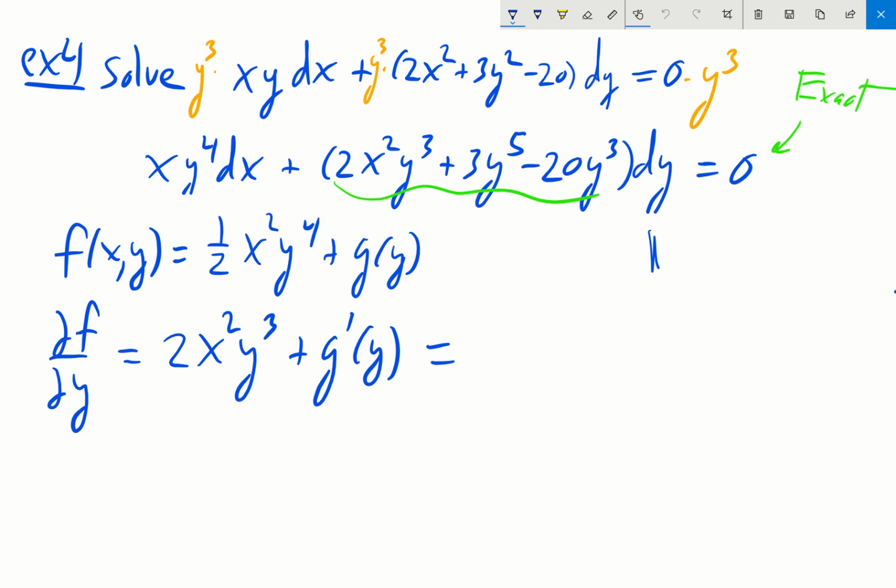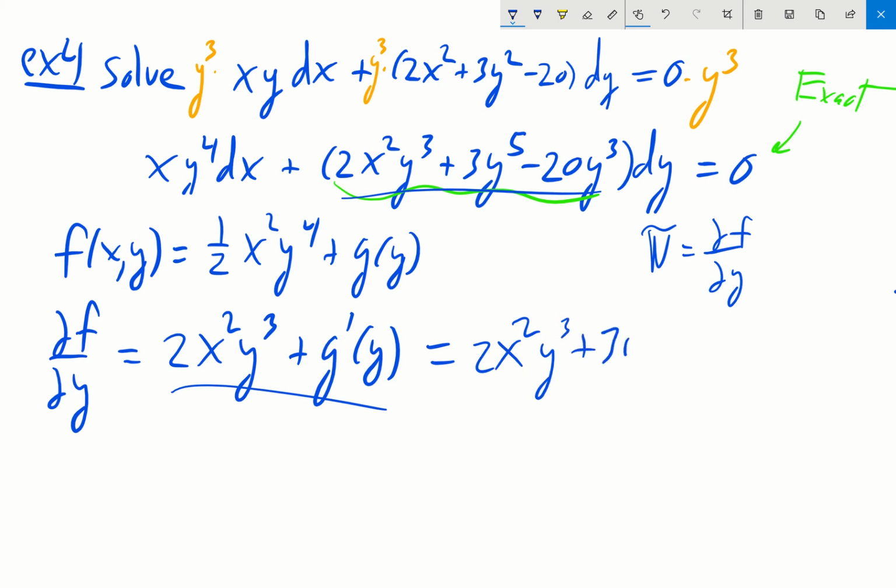Because at the end of the day, N tilde was the partial of f with respect to y. So this expression should be equal to this part here. So that's 2x squared y cubed plus 3y to the fifth minus 20y cubed. And we now have an equation where we can solve for g prime of y.